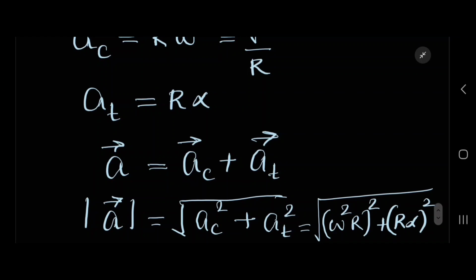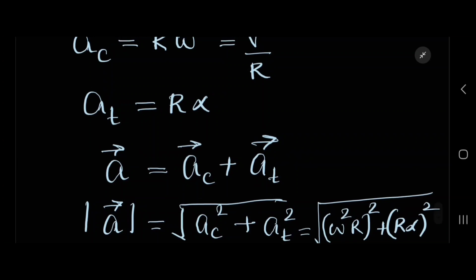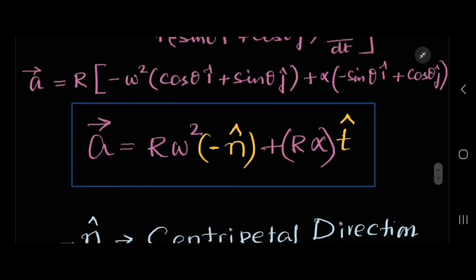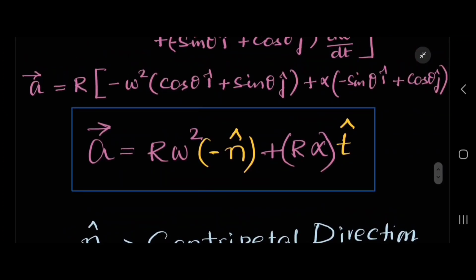So the magnitude of acceleration is root over AC square plus AT square because AC and AT are perpendicular. Numerically it is root over omega square r whole square plus r alpha whole square. A very important thing to understand here is that the word centripetal is only a substitute for the phrase something which is directed toward the center.